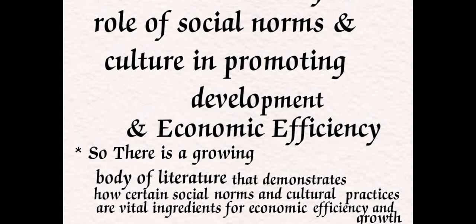Okay, so certain social norms and certain cultural practices are very important and necessary ingredients for development, for economic efficiency. So that's why there was a body of the literature, it means written work, that demonstrates here social norms and cultural practices are very important for the economic efficiency.